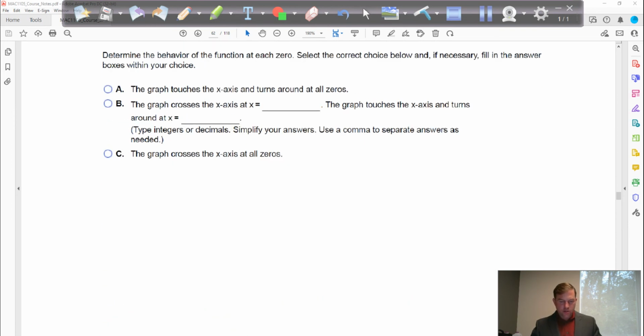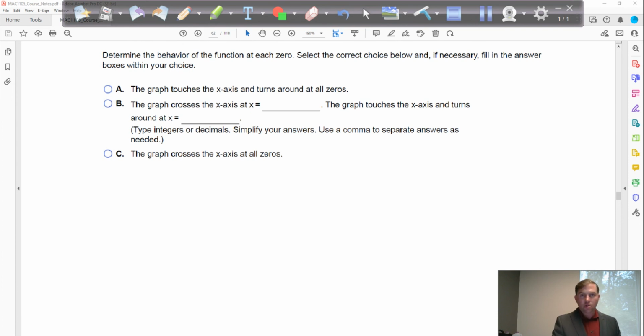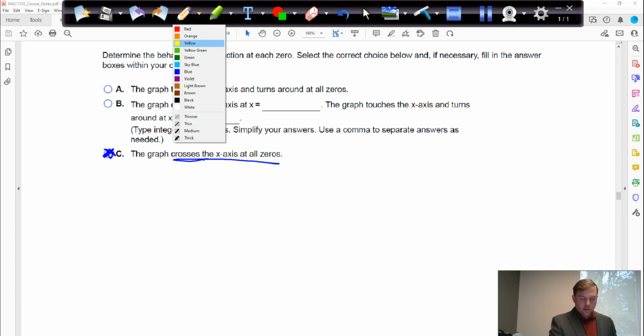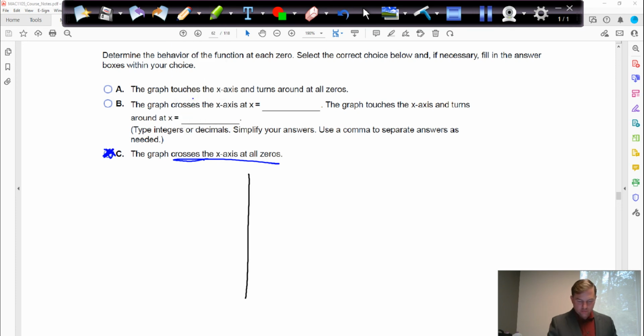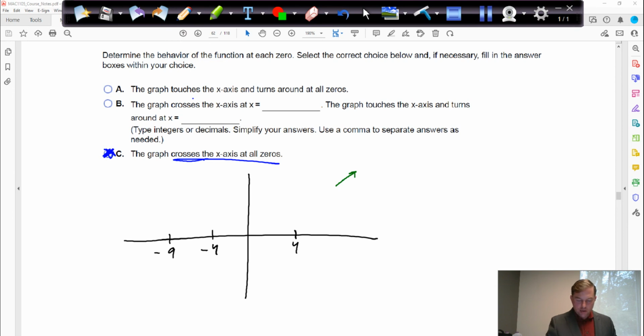So we can answer this because they were all odd multiplicities. They're all going to cross the x-axis. So let's draw this quick. We had three zeros, minus 9, minus 4, positive 4. We know based on the end behavior it should rise to the right, fall to the left.